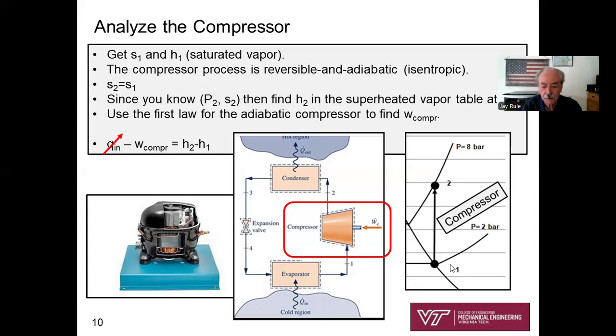So what we'll do first is look up and tabulate s1 and h1 because we're looking ahead. We know we need s1 to find out what state 2 is. We're going to write down h1 because we know we're in thermo class, and we know we're going to write the first law for the compressor: steady state, steady flow, one inlet, one outlet.